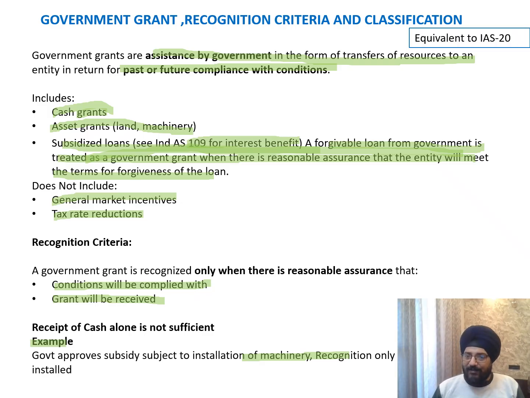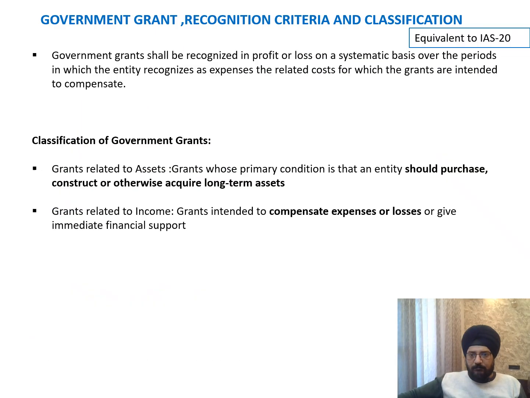Which means there is an event that needs to be complied with to do the accounting for that government grant, because a government grant is normally allowed to fulfill certain conditions. So we'll move to the next slide and see a few more points on the recognition criteria and the classification.